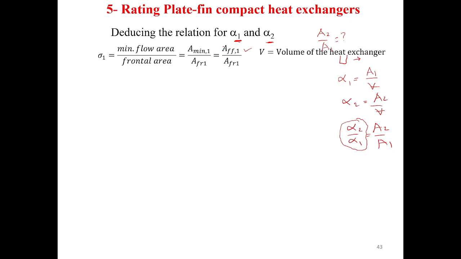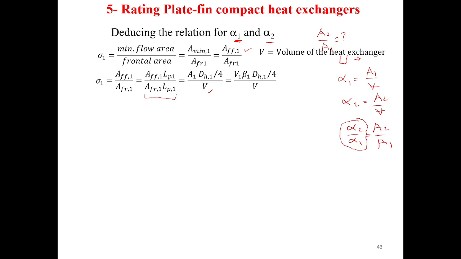This relation can be modified by multiplying both the numerator and denominator by LB1, and utilizing the fact that the frontal area multiplied by the length in the direction of the flow gives you a volume.